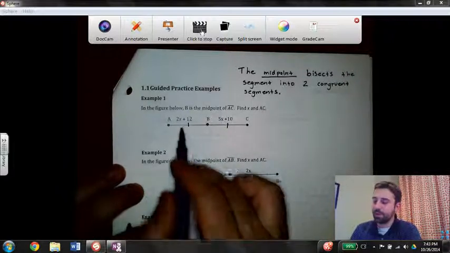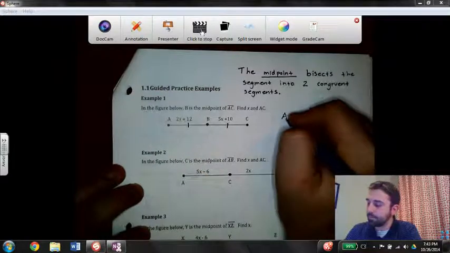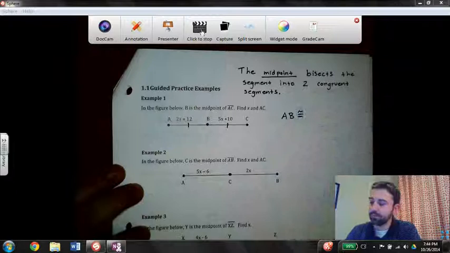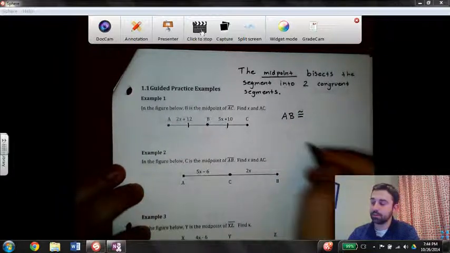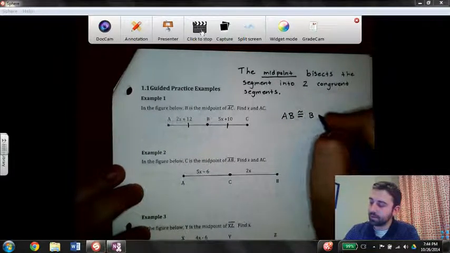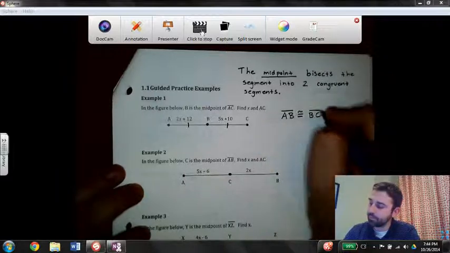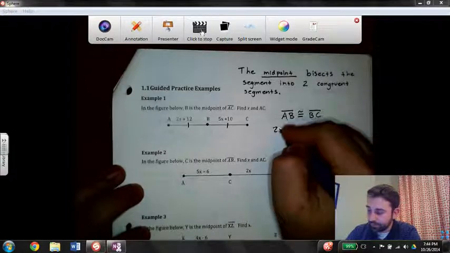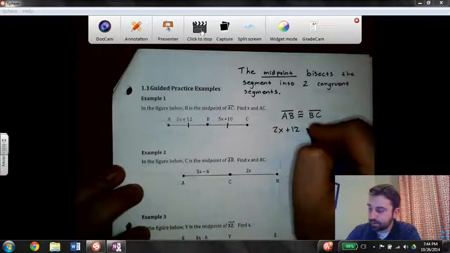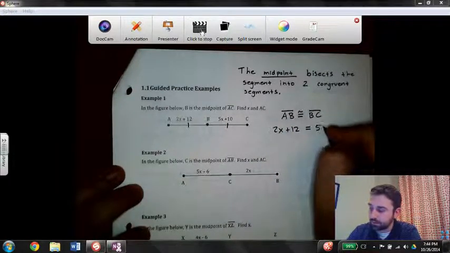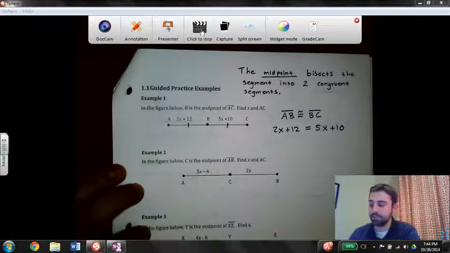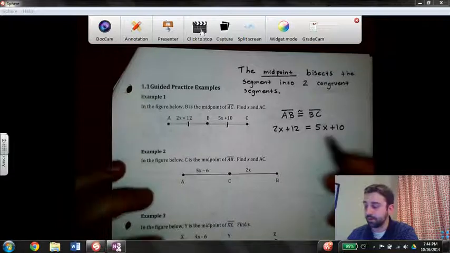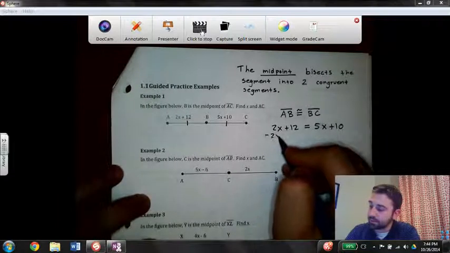So if segment AB is congruent, and notice how I'm marking congruent, to segment BC, then I can set the two values equal. So 2x plus 12 equals 5x plus 10. I can solve this algebraically by combining like terms.